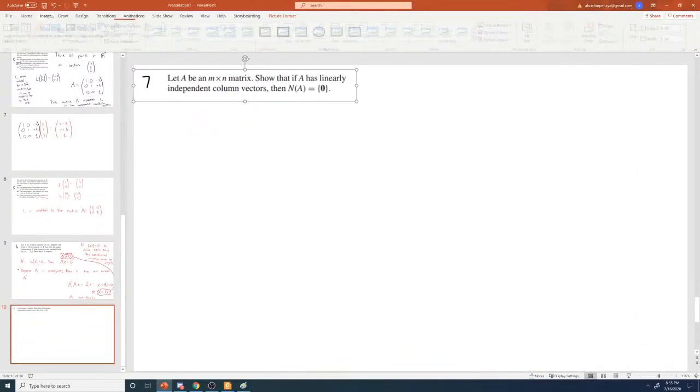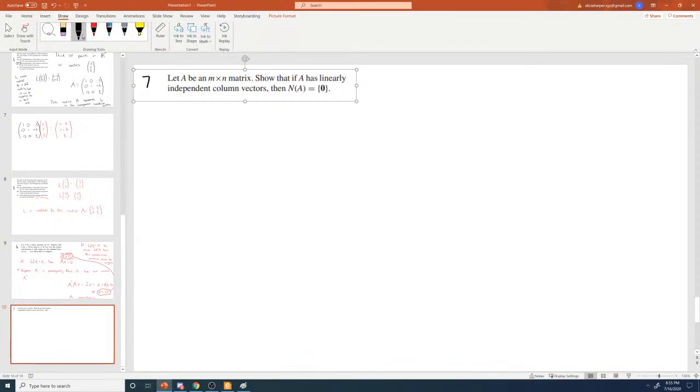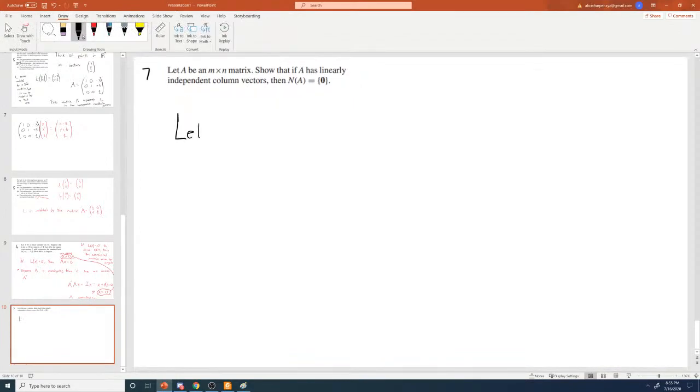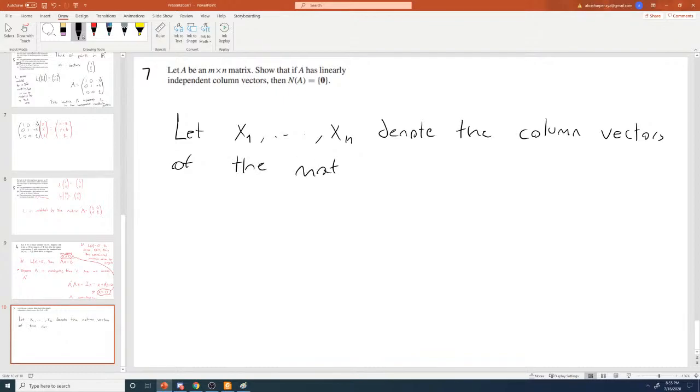So, let x1 through xn denote the column vectors of the matrix A. The claim is that if A has linearly independent column vectors, then the null space of A should be 0.